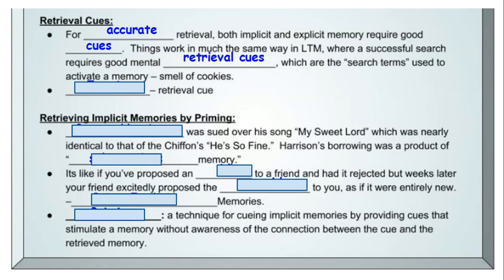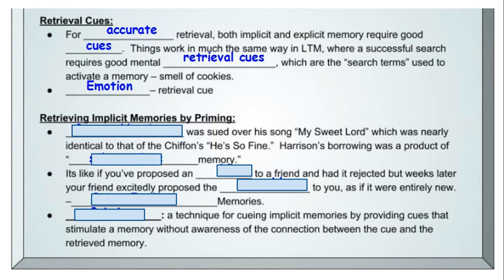So you might recall an event that happened years past just because of the smell of a cookie. That might cue your memory of a birthday or a holiday. Emotion also works as a retrieval cue. If you were angry at the time that a memory was being encoded, then when you're angry, you might be able to retrieve that memory.